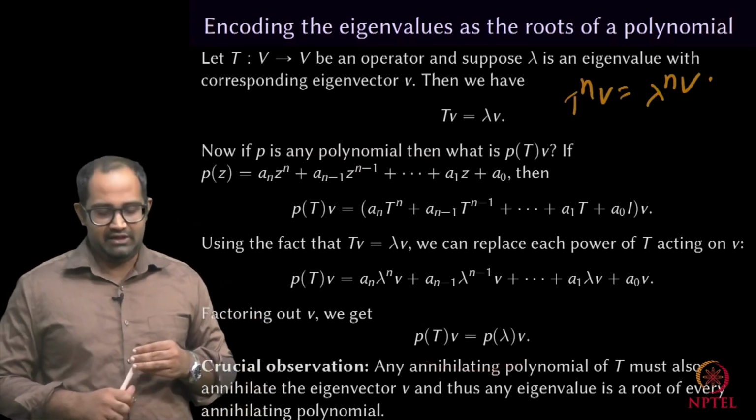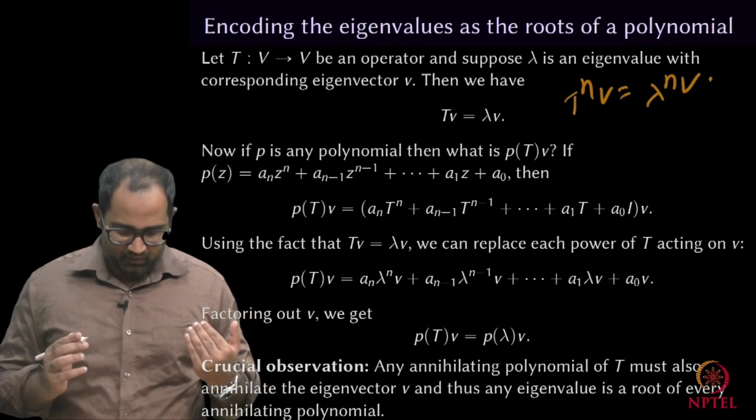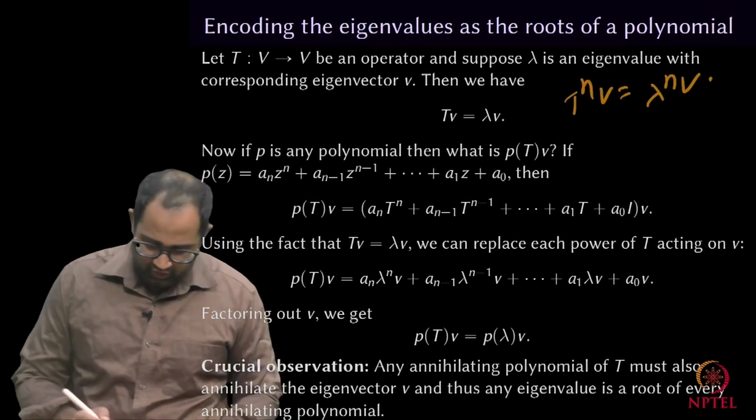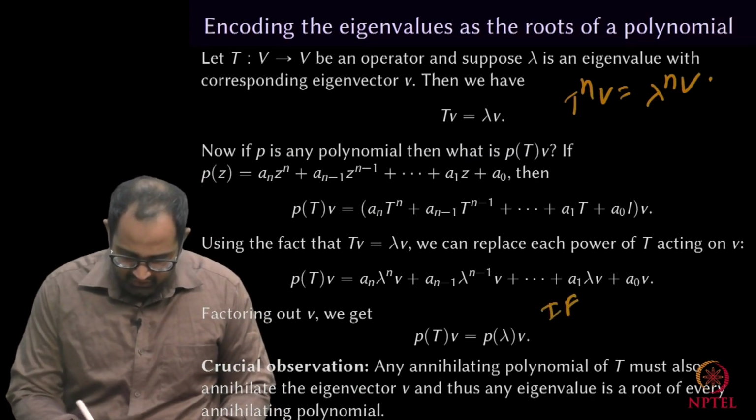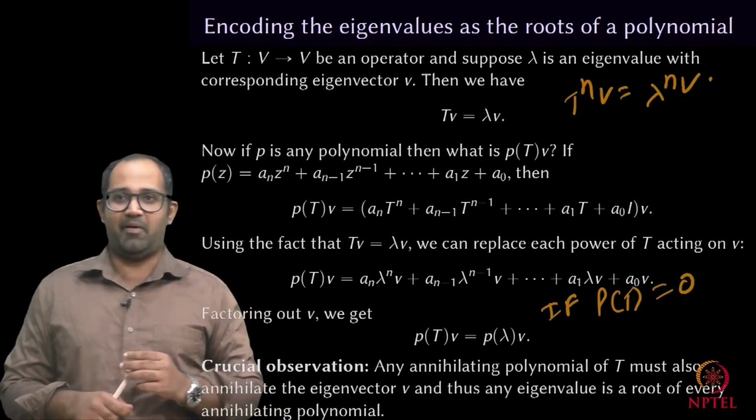Now what does this tell you? What's the crucial observation? Well, the crucial observation is if P of T is 0, in this case we give an extremely powerful name.